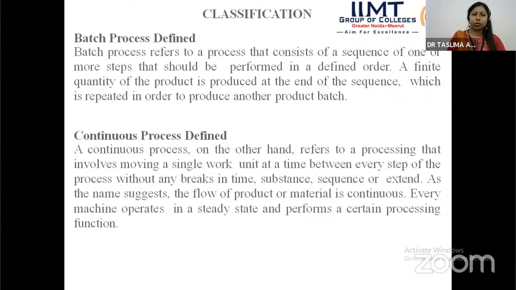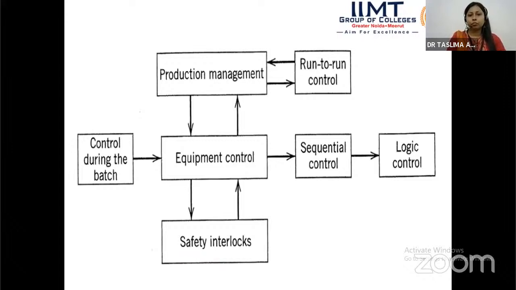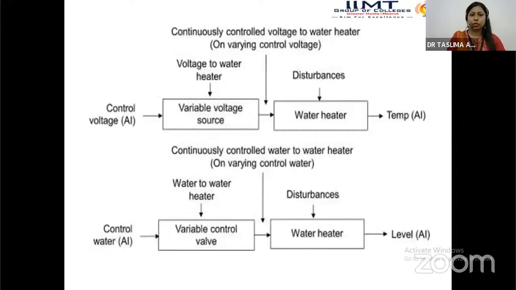That's why it is known as continuous. And we can see here a small block diagram that describes how you can use sequential or logical control systems. That is the example of that system. We are using a control system on a water heater, and we are maintaining the temperature level, and that is a continuous process.